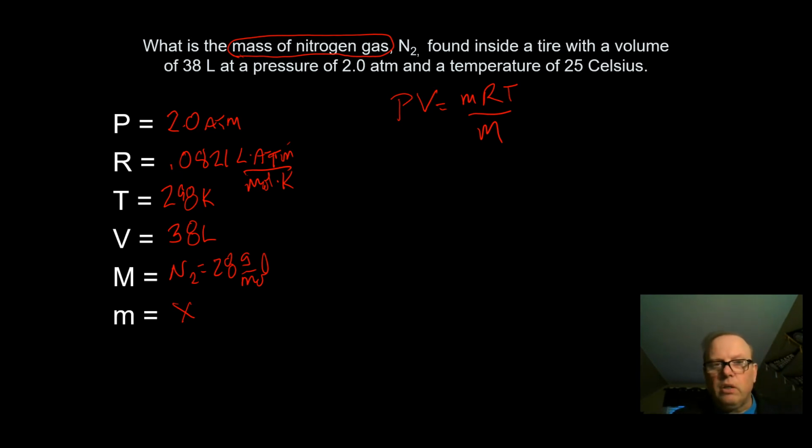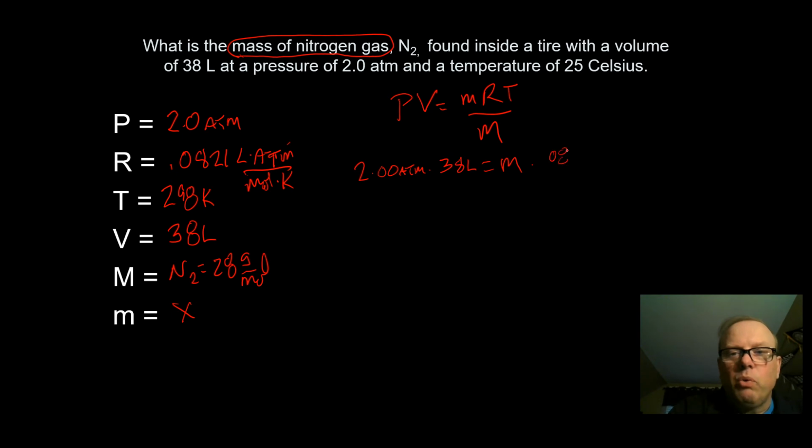So when we put everything else in to find this mass, I have the pressure of 2.00 atmospheres times the volume of 38 liters is equal to small m, which I don't know, times R, which is 0.0821 liters times atmospheres over moles times Kelvin, times T, which is the 298 Kelvin.